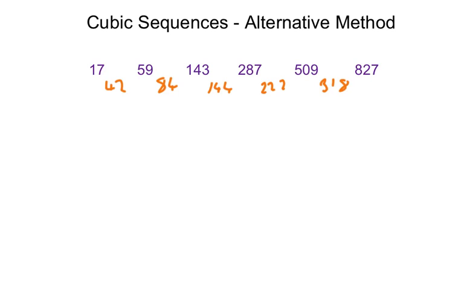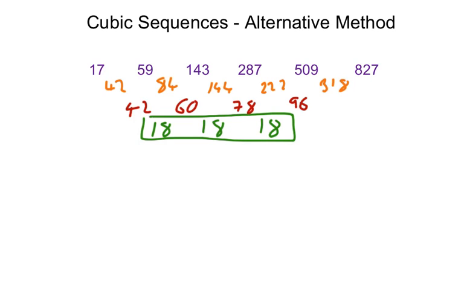The second differences are 42, 60, 78 and 96, and finally the third differences are 18, 18, 18. The third differences are all the same, so we have a cubic, and also a is equal to 1/6 of the third difference, so a is equal to 3.